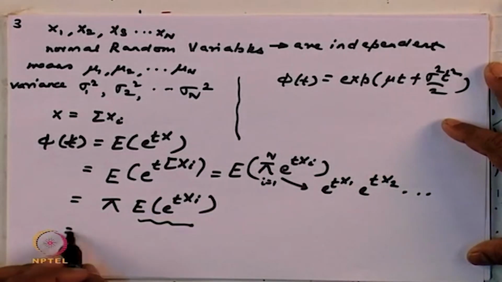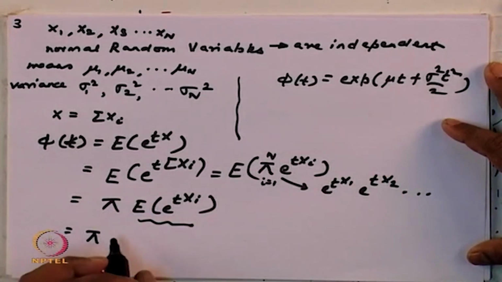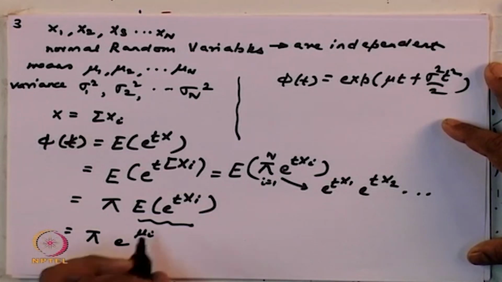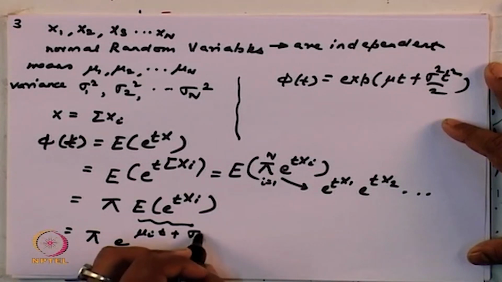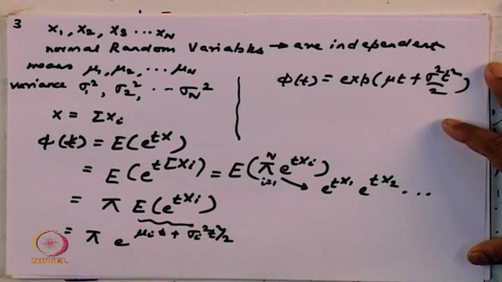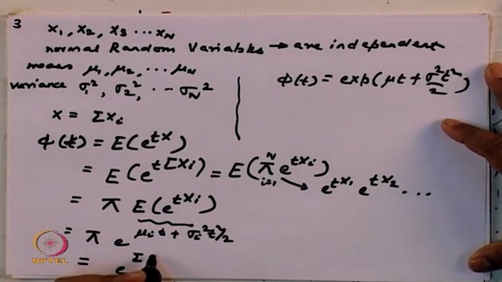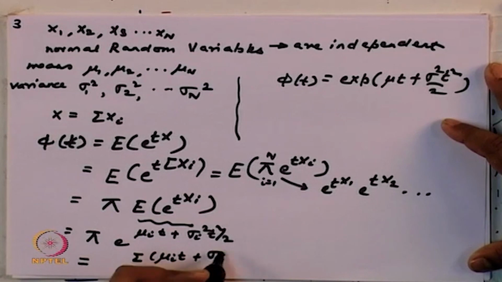So this is the product of e to the power mu i t plus sigma i square t square by 2. Eventually you will get phi of t as e to the power summation of mu i t plus sigma i square t square by 2.